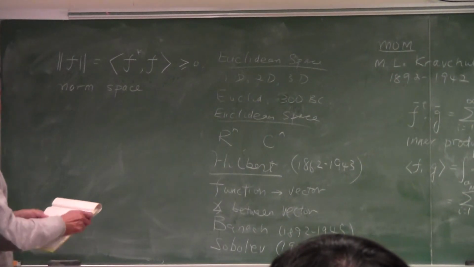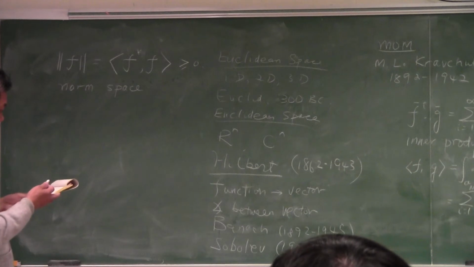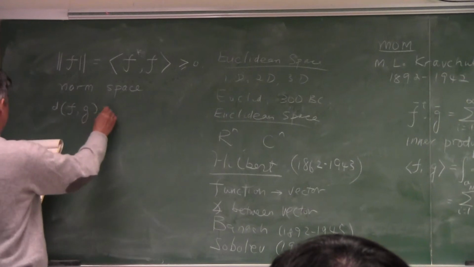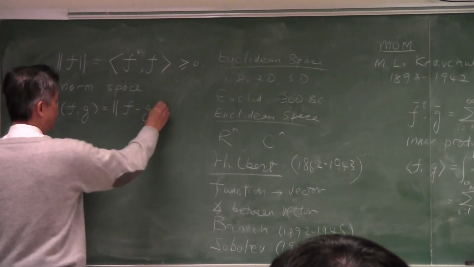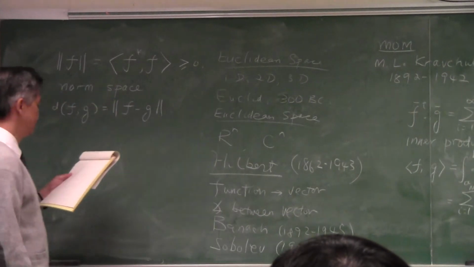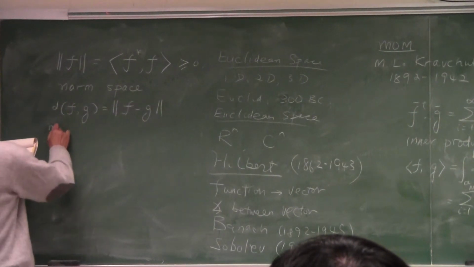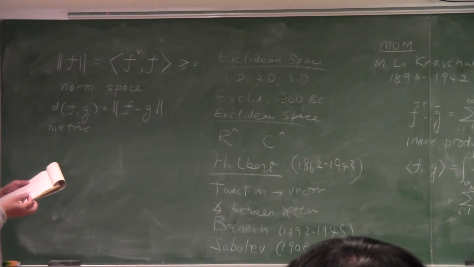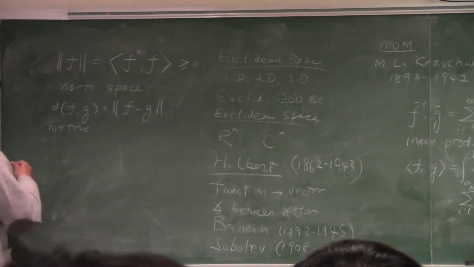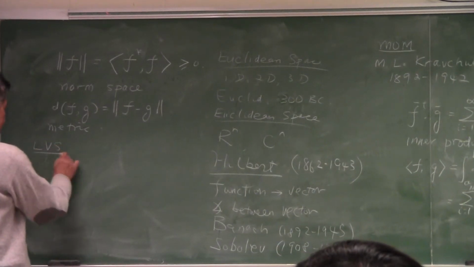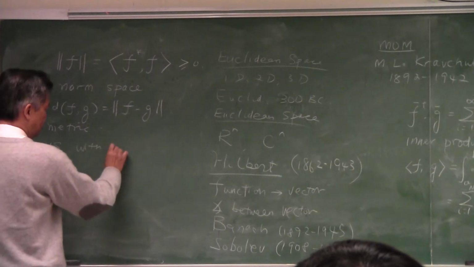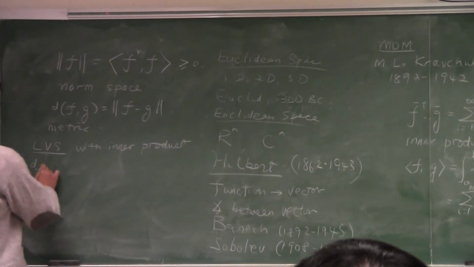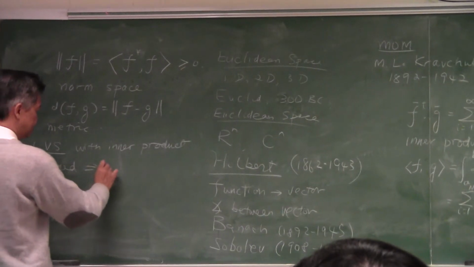Those are called normed spaces, and of course you have other kinds of things, like you can use the distance between two vectors as just the norm of their difference, as you would do in Euclidean space. This is called a metric. So, a linear vector space with an inner product defined is usually called a Hilbert space.